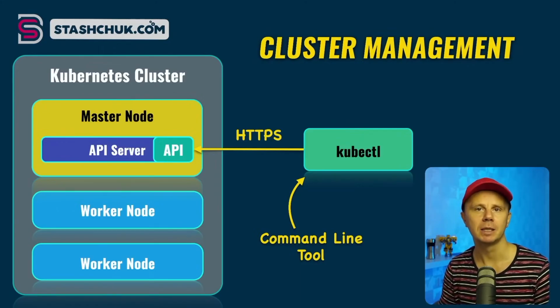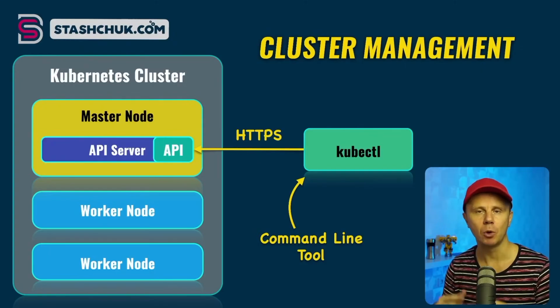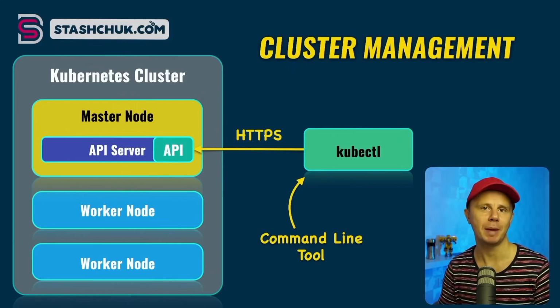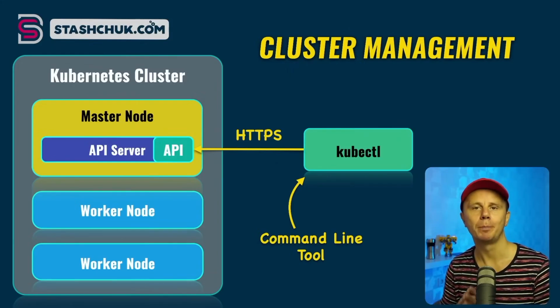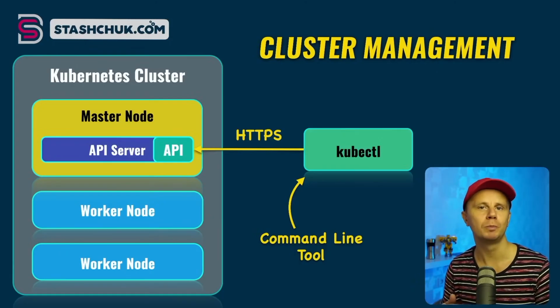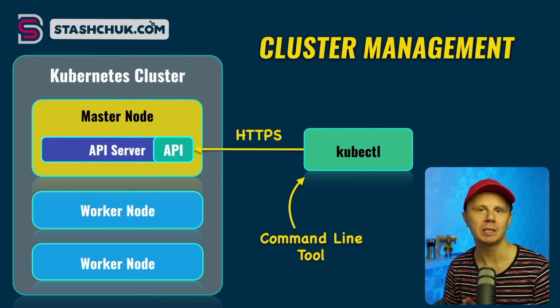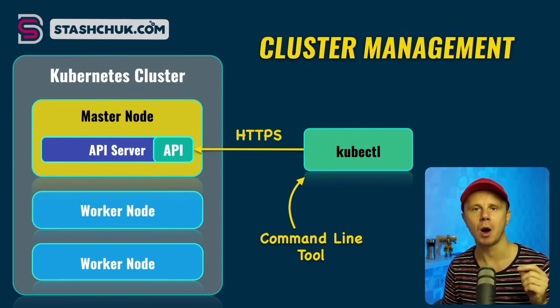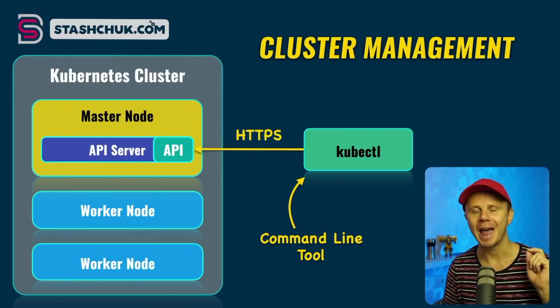Also, please keep in mind that all containers inside of the pod share namespaces of that pod, like volumes or network IP address. Also, pods are the smallest units in Kubernetes, and the pods could be created, could be removed, could be moved from one node to another. This happens automatically without your intervention. But you have to design your application with this in mind. Pods could be deleted at any moment of time.